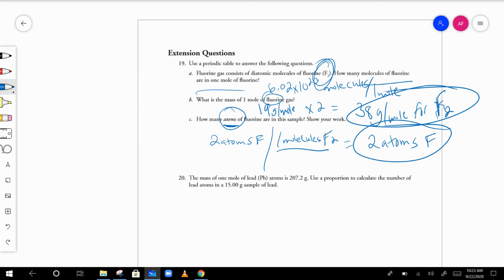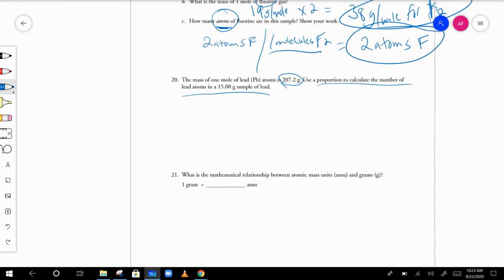The mass of 1 lead atom is 207.2 grams. Use a proportion to calculate the number of lead atoms in a 15-gram sample of lead. I don't really like this question because we're not going to be doing it this way. But I'll do it. 207.2 grams for every 6.02 times 10 to the 23rd atoms, because that's how many atoms are in 1 mole, and that's equal to 15 grams over X atoms.